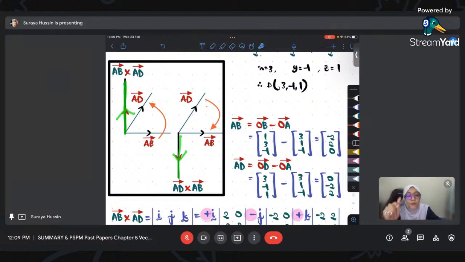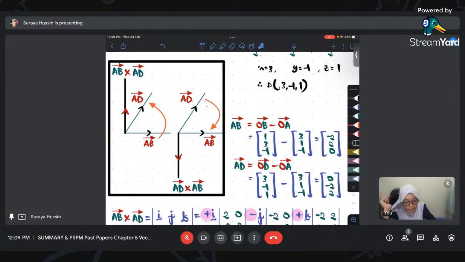Okay. Yang berubah apa dia? Tell me, apakah yang berubah? Yang berubah adalah direction-nya sahaja. One is going up, another one is going down. Okay, that's it. Magnitude dia sama, direction sahaja yang lain.